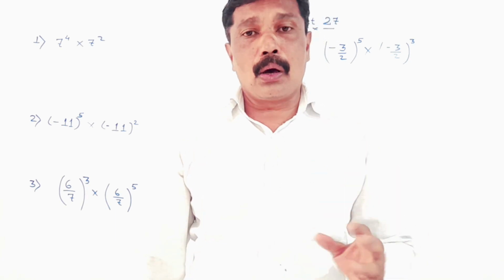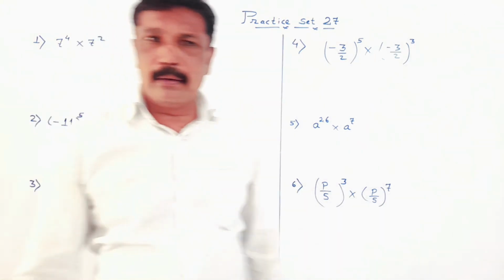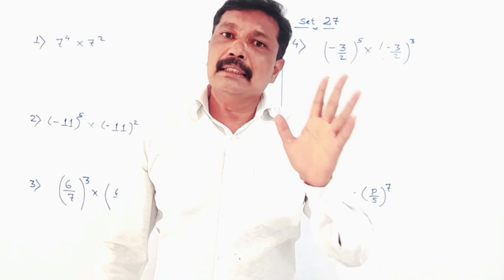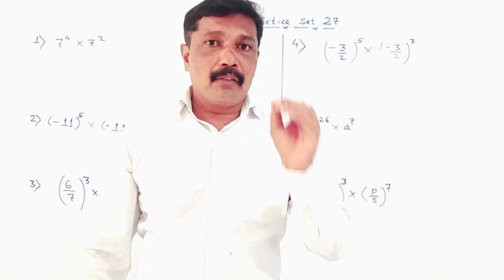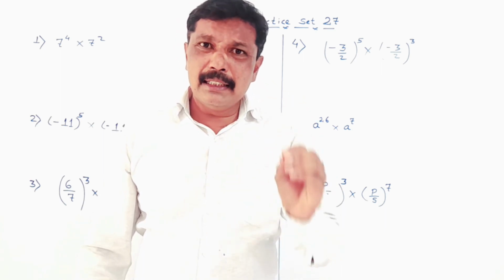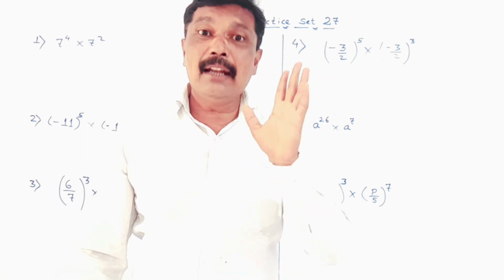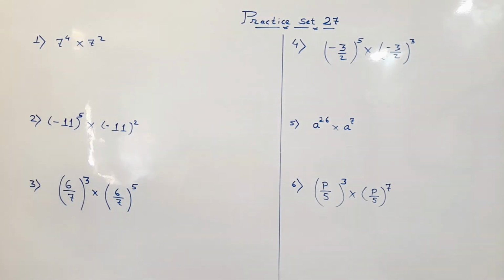All the problems given in practice set 27 depend upon indices with the same base. If we get indices with the same base and these indices are multiplied, then we can add the index. Let's consider problem number 1.